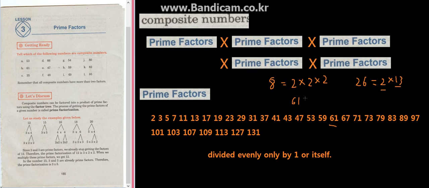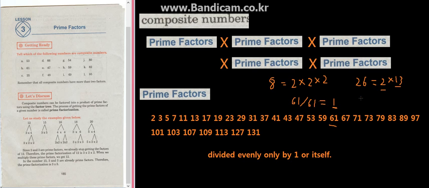So if you divide by any number, you cannot make a whole number, except 1. Only 61 divided by 61 makes 1.